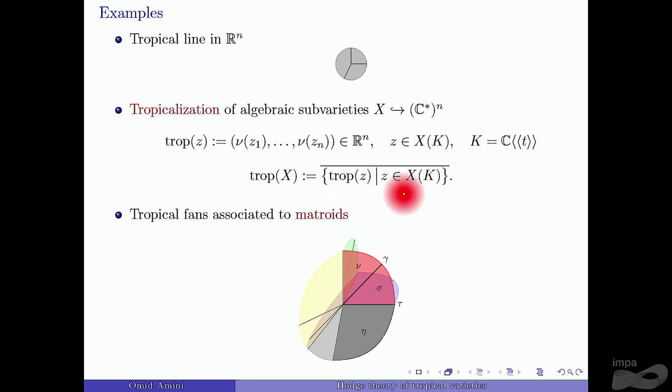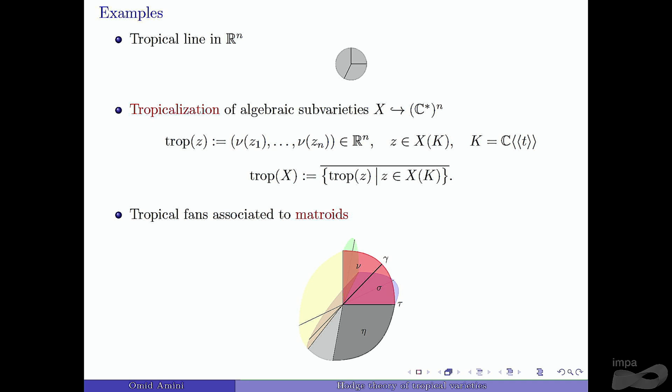This is the field of Puiseux series, Laurent power series in any rational power of T. The tropicalization gives you a lot of rational points in R^n, and the closure of this gives you a topological subspace of R^n, and it turns out that this is the support of a tropical fan.